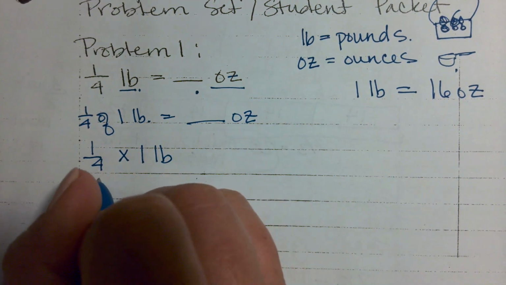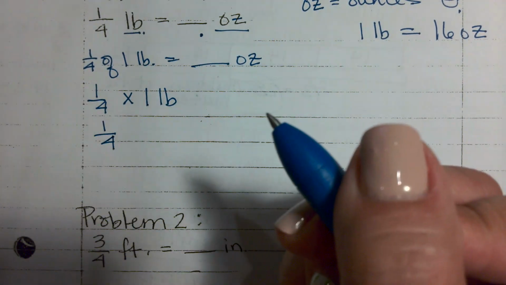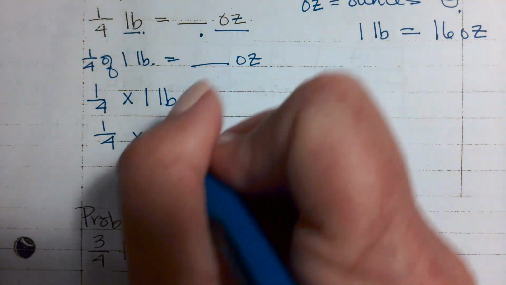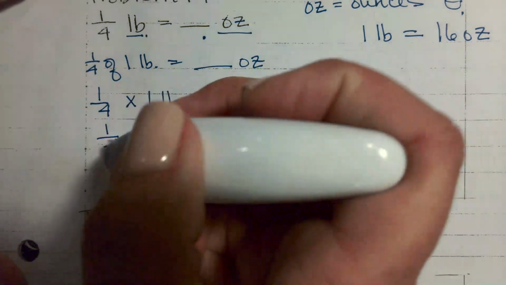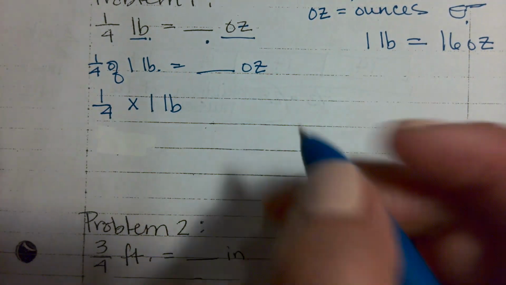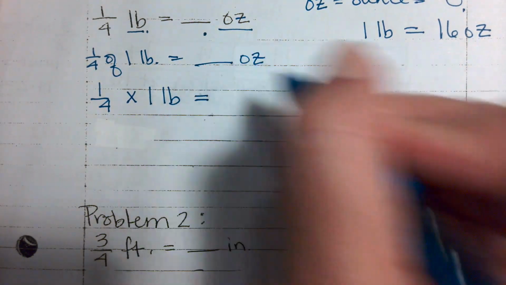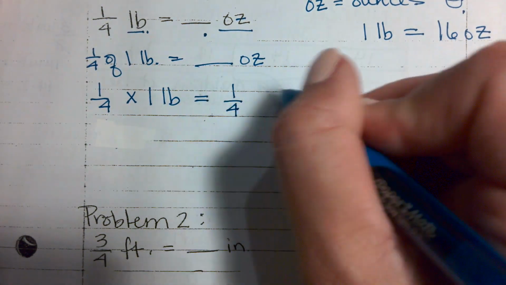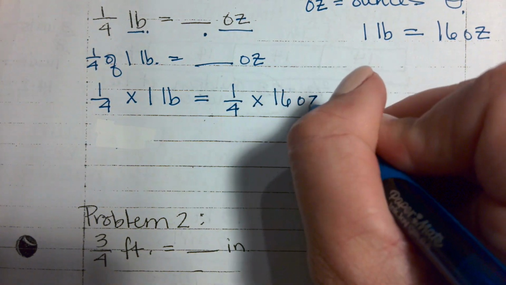I'm going to actually write it as an equation. Okay, I'm going to write it as this. 1/4 times 1 pound becomes 1/4 times 16 ounces.